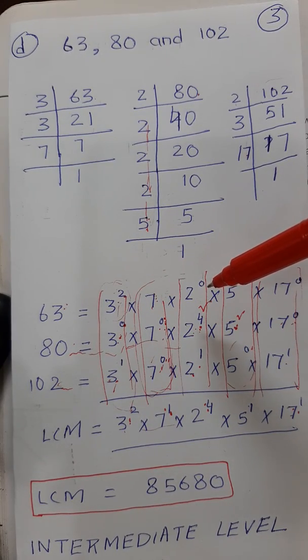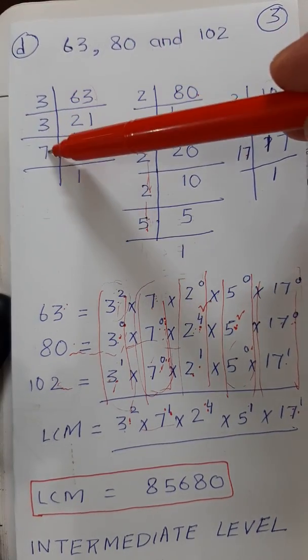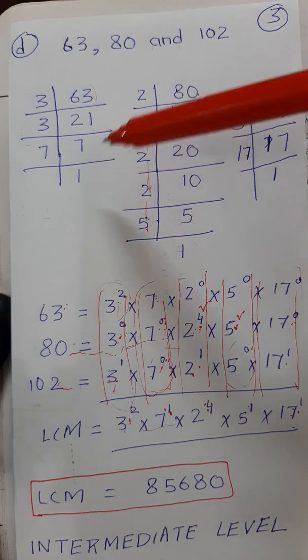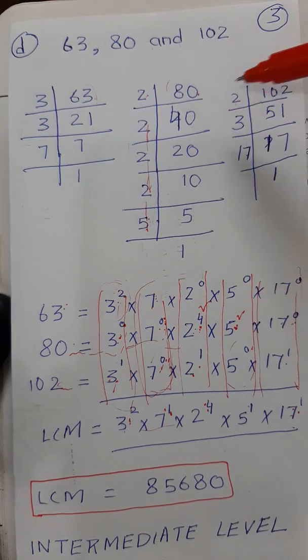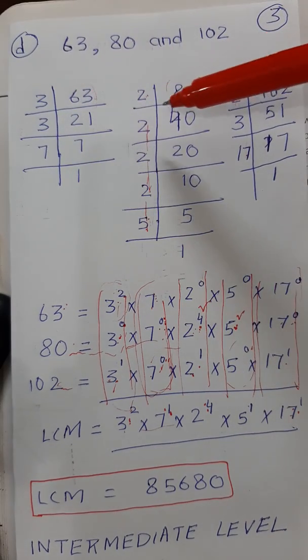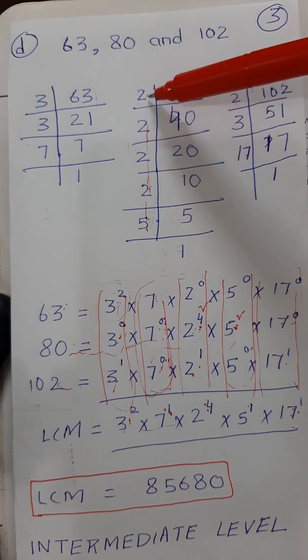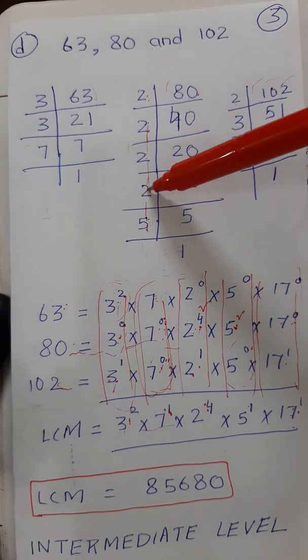Now, in factor of 63, I have entered 3 as well as 7. Now there is the factor 2, which is a factor in 80 as well as in 102 but not a factor in 63. Now I am going to enter these. How many 2's do we have in factor of 80? You have got 1, 2, 3, 4.